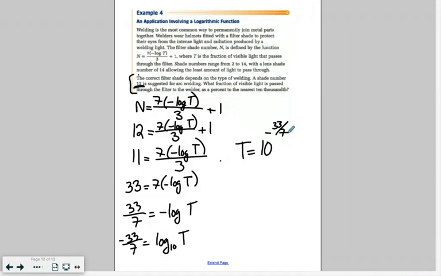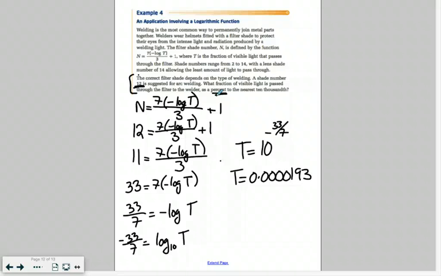10 to the power of, make sure you put that exponent in brackets, negative 33 over 7. That then equals, t is equal to 0.0000193. But remember, t represents a fraction of light that gets through, and it's asked us to find it as a percent. How do we turn fractions into percents? Multiply by 100.